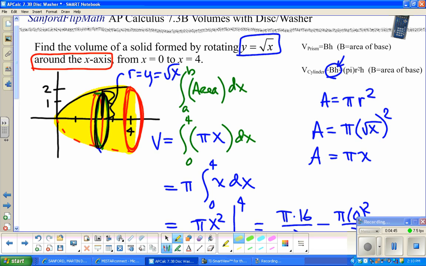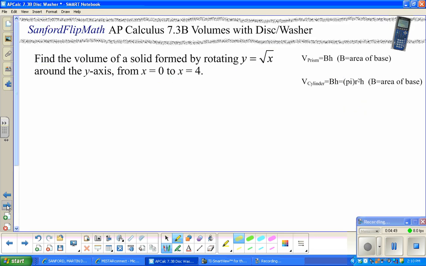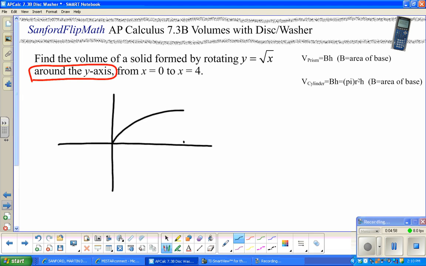Let's take that same idea and spin it instead around the y-axis. Same graph, same everything, it's just instead of going around the x-axis, we're going to go around the y-axis.